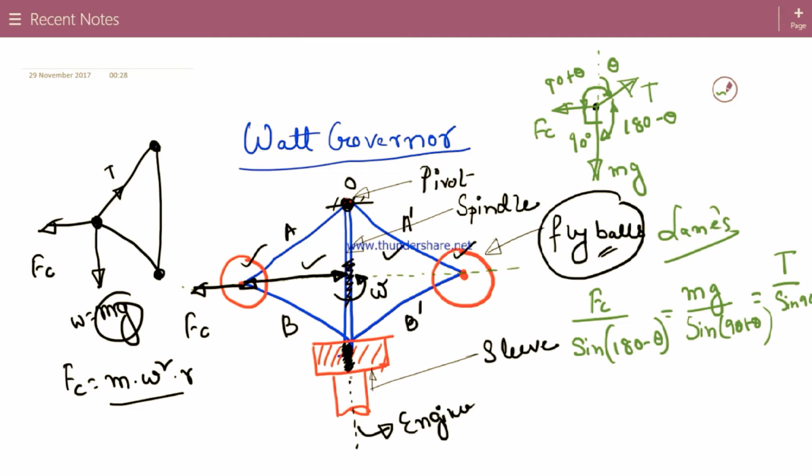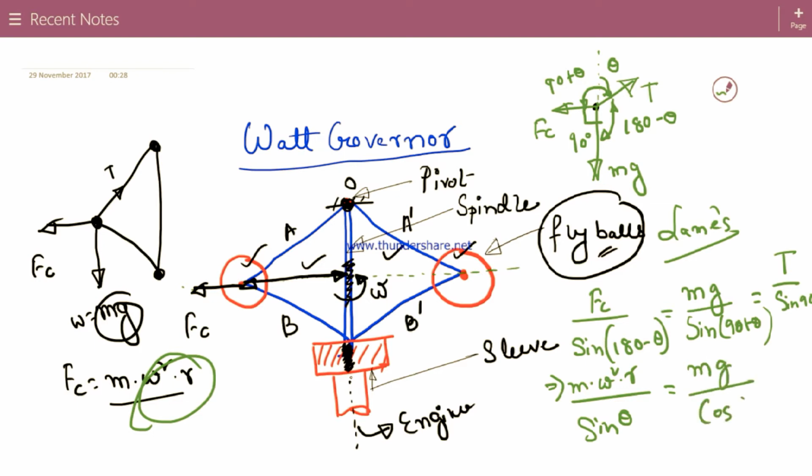we put the equation here: m omega square r by sine theta, because sine of 180 minus theta is sine theta, equals mg by cos theta, because sine of 90 plus theta is cos theta. The m cancels.